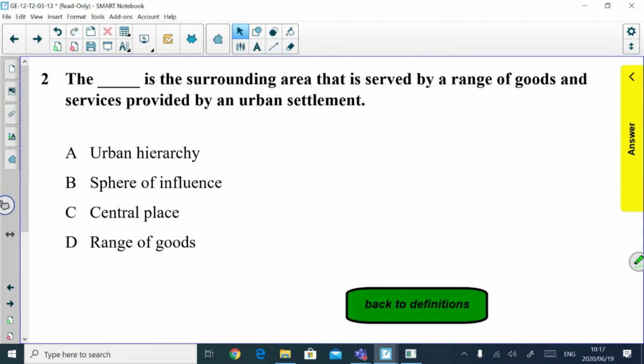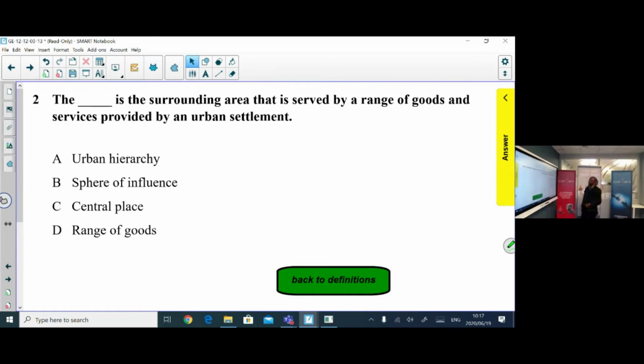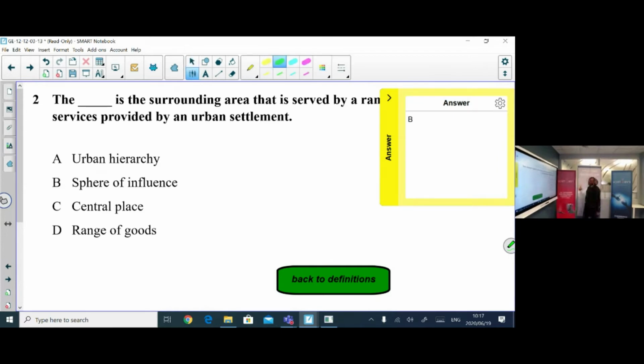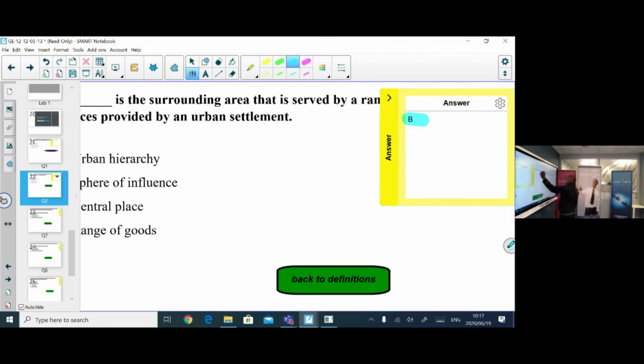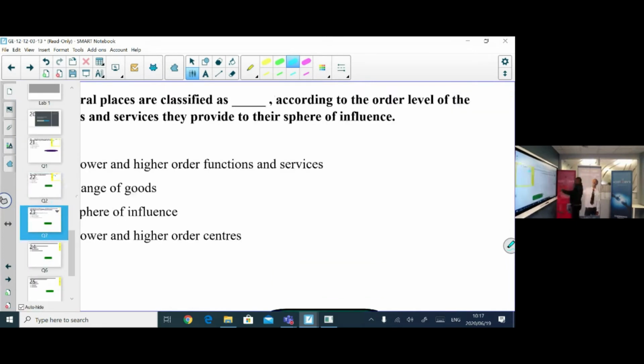So it is the surrounding area that is served by a range. Then central place, range of goods. Okay, I was mistaken here. What is the answer here? When you say it is the surrounding area that is served by a range of goods, that's the sphere of influence, is it? So we need to look at this, and you find that our answer is actually B, which is the sphere of influence. Then we go on to central places.